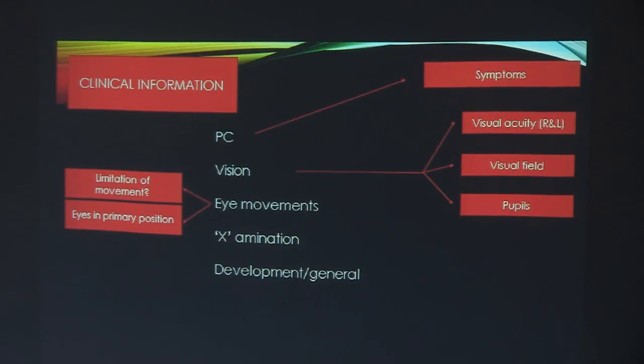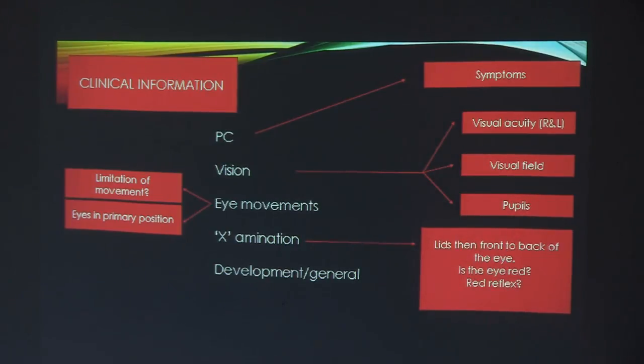Eye movements, limitations, what the eyes are doing in the primary position. I'm going to show you some pictures about that. And when you're examining the eye, it's useful to think anatomically from front to back: lids, cornea, anterior chamber, lens, retina. I appreciate it's impossible to see all of these things in all children, but to have that mental structure in mind is helpful.